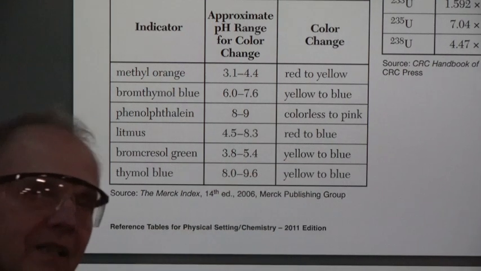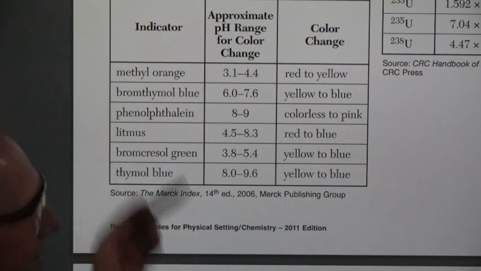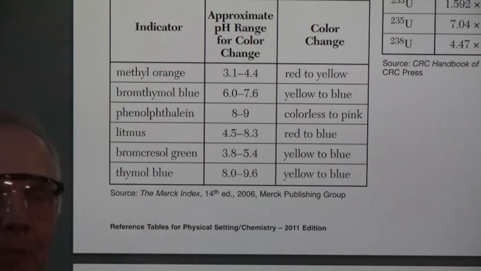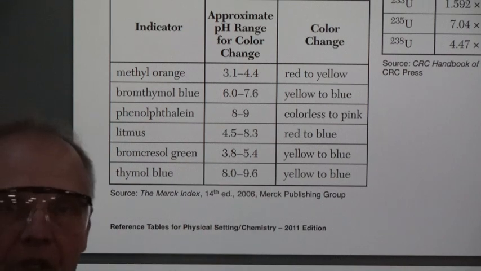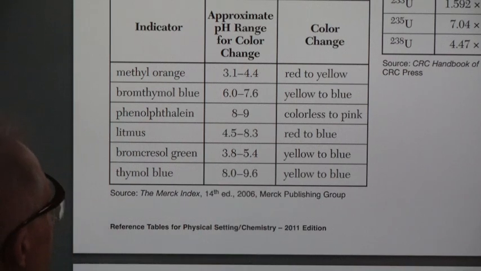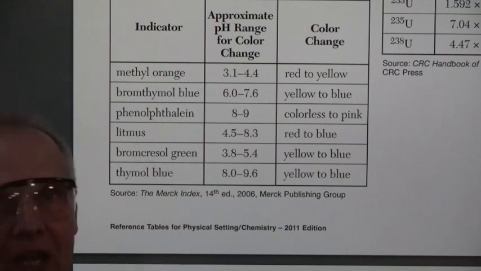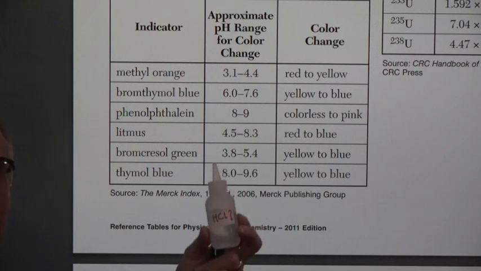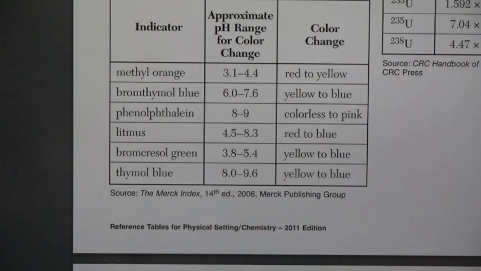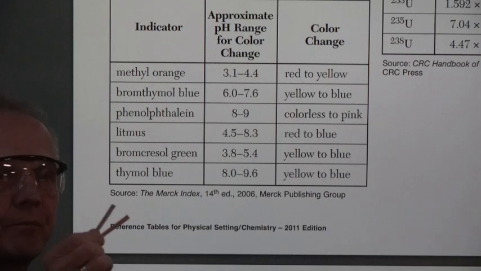So what that means is, for litmus paper, if the pH is below 7, the litmus paper is going to turn red. If the pH is above 7, the litmus paper is going to turn blue. So what we have is this. We have hydrochloric acid, and we have red litmus paper, and we have blue litmus paper.